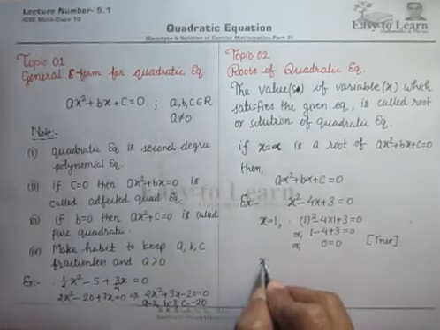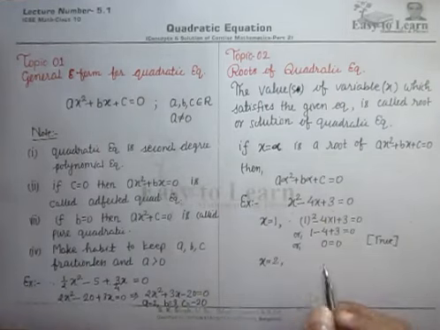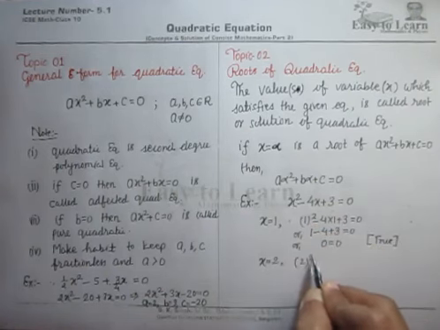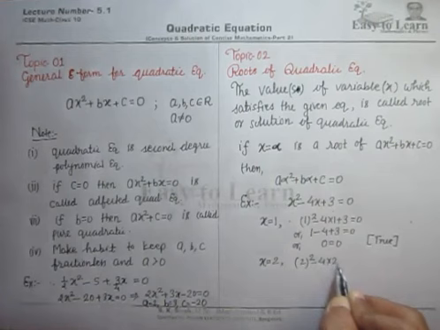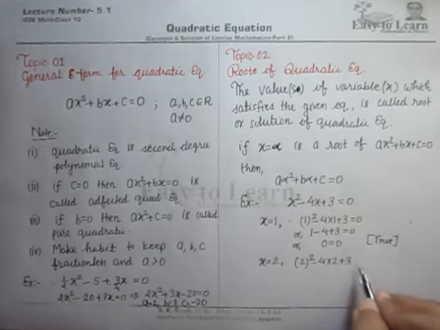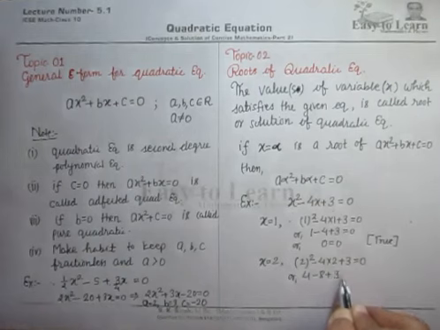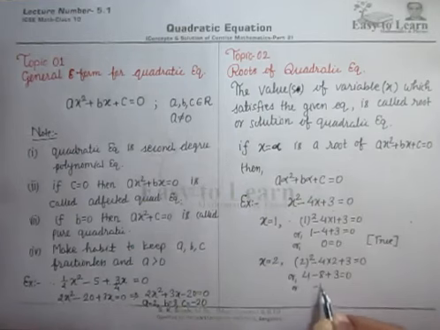Now x is equal to 2. Is it a root of this quadratic equation or not? So let us check. In place of x substitute 2. 2 square minus 4 into 2 plus 3. Now it must be equal to 0. So let us verify whether this value is 0 or not. 4 minus 8 plus 3 equal to 0. Here 4 plus 3 is 7 and 7 minus 8 is minus 1. So minus 1 is equal to 0, which is not true, it is false.